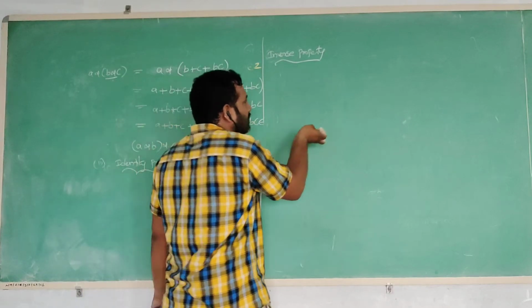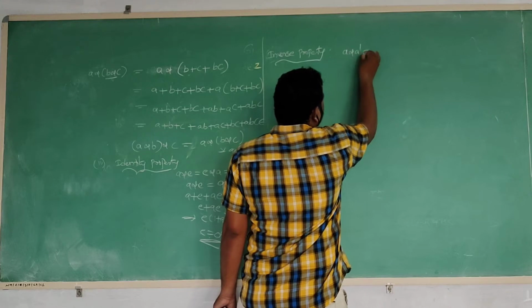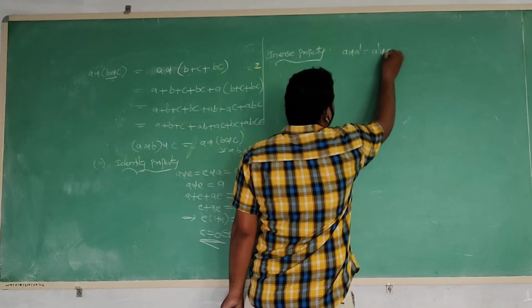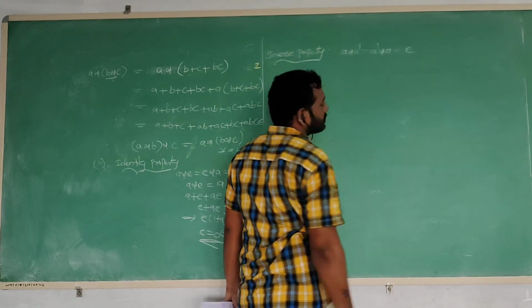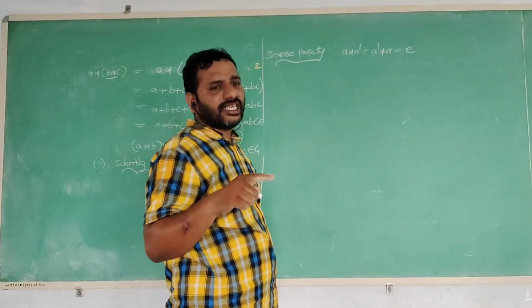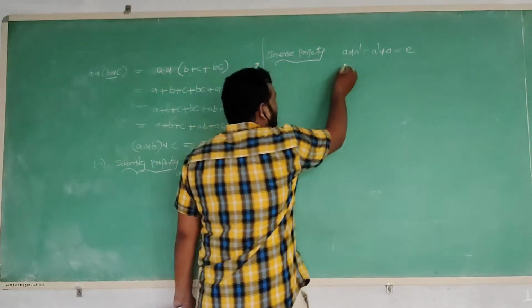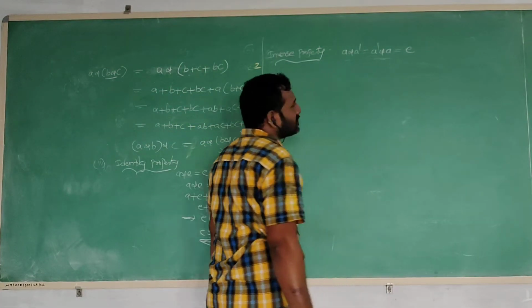The operation star is the operation here. A star A dash equals A dash star A equals E. A is any element that belongs to G, then there exists A dash belongs to G such that A star A dash equals E.